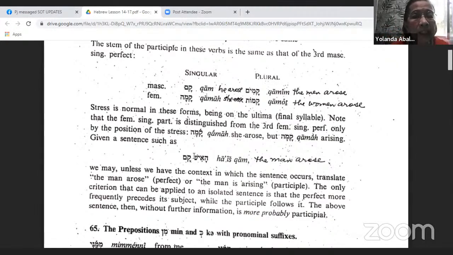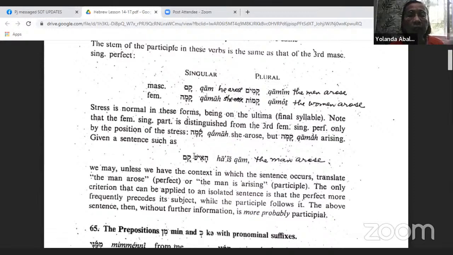Meron po siyang stress, meaning she arose. Itong pangalawang kama, wala pong stress doon sa kof, kaya it means arising. So, the same perfect verb, pwede po siyang i-convert sa present by using stress.